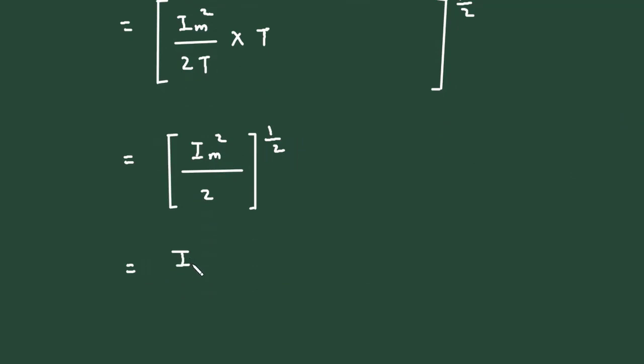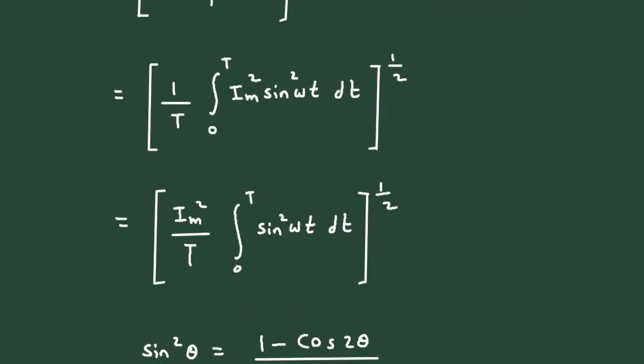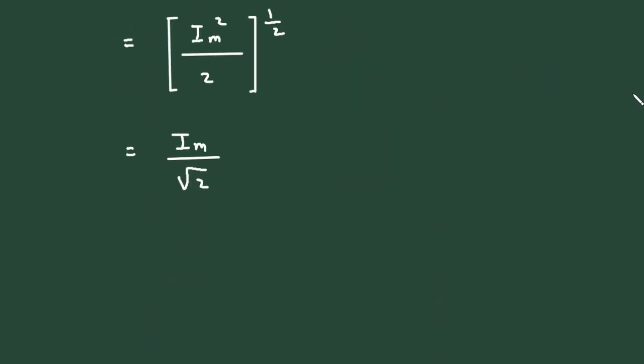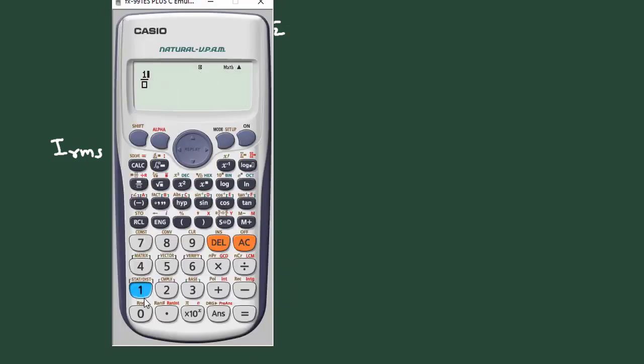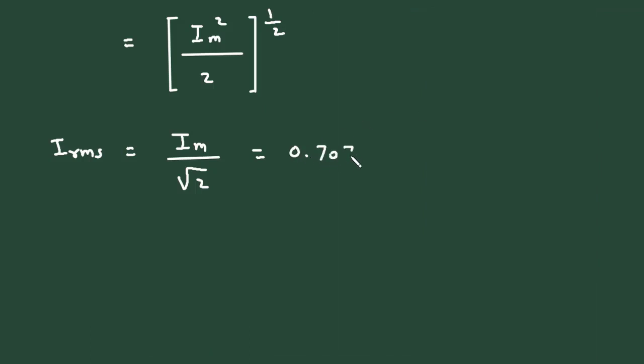So only Im divided by root 2, and this is all equal to IRMS. Now if we simplify this, 1 divided by root 2 is 0.707, so 0.707 Im.